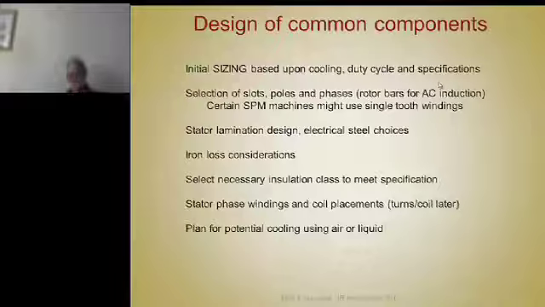It's not uncommon to use a calibration or a fudge factor: whatever losses you calculate, you double it to be safe for iron losses. Some people will go 300%, 200%. I use 1.5 to 2.0 calibration factors. And as far as insulation class versus temperature, you've got to meet industrial specs.